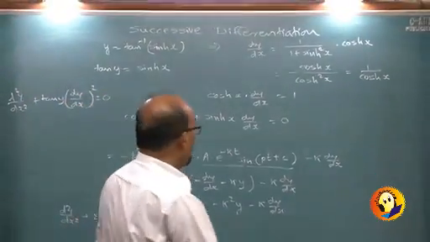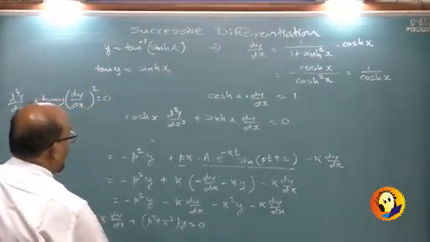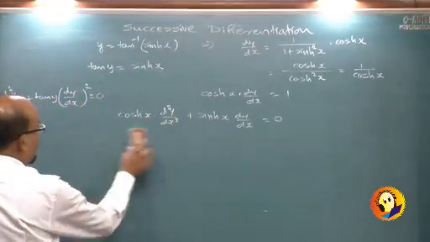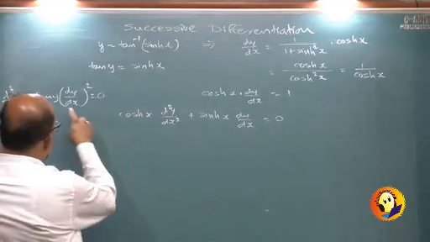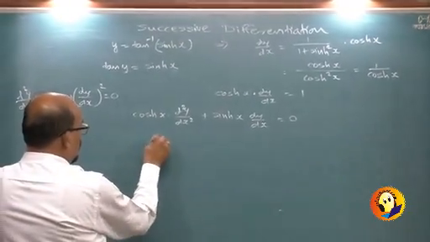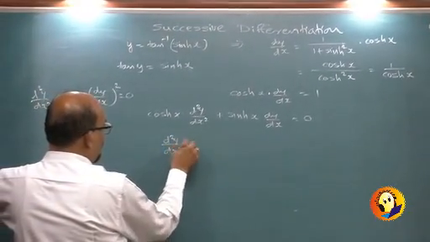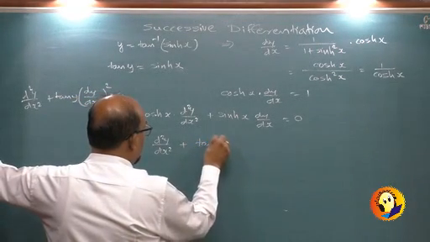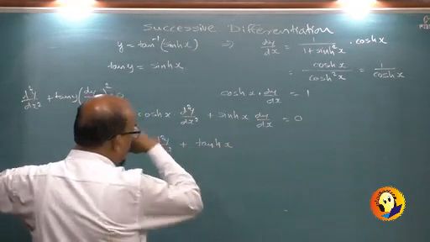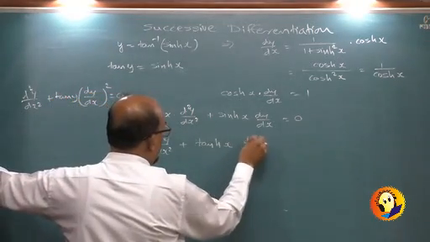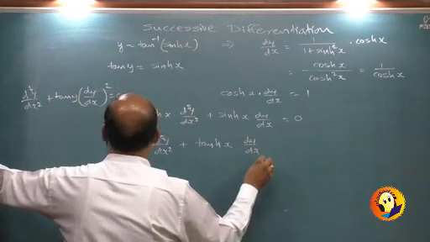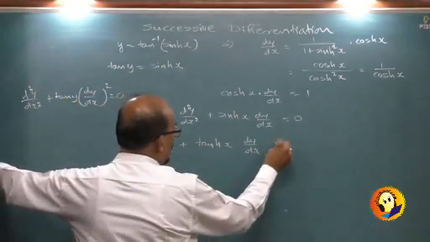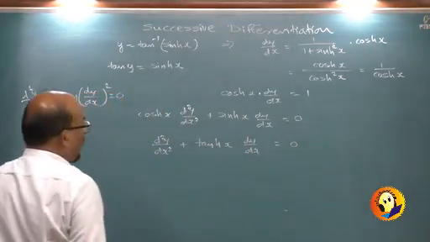Okay. So we divide by cos. So d2y by dx square plus tan x dy by dx equal to 0.